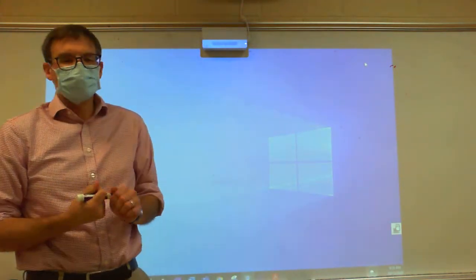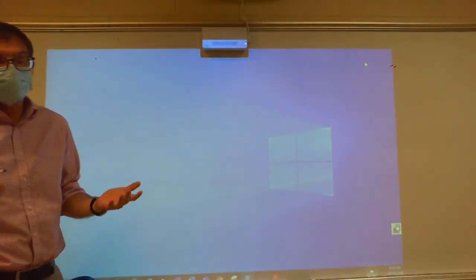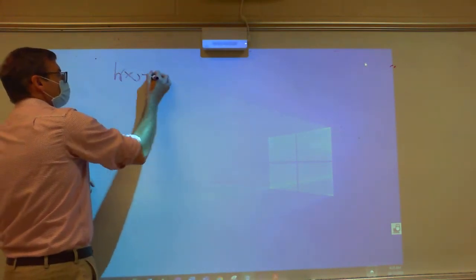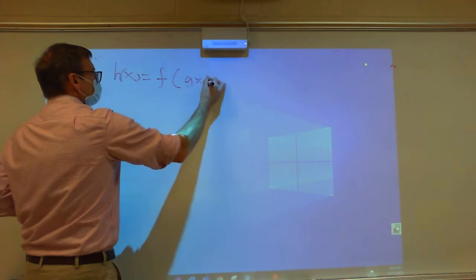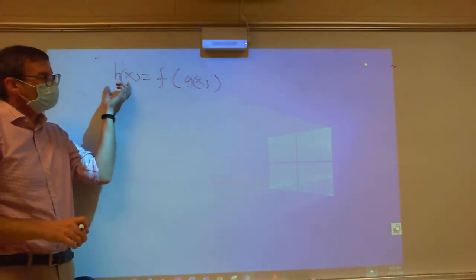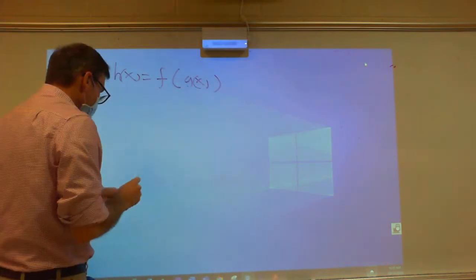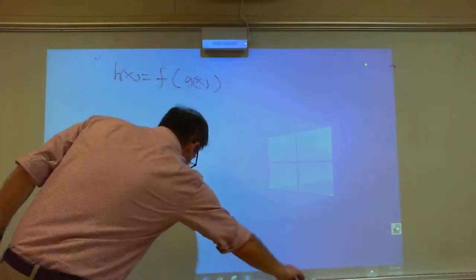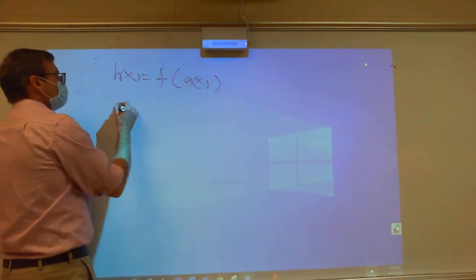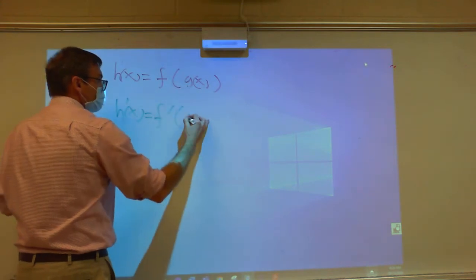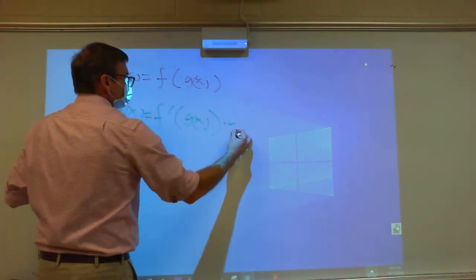The official notation of chain rule is you have to start with a composition of functions. So let's say I define h of x equal f of g of x. So this function is a composition of two other functions, and this marker's dying. So h prime of x is going to equal f prime of stuff times g prime of stuff.